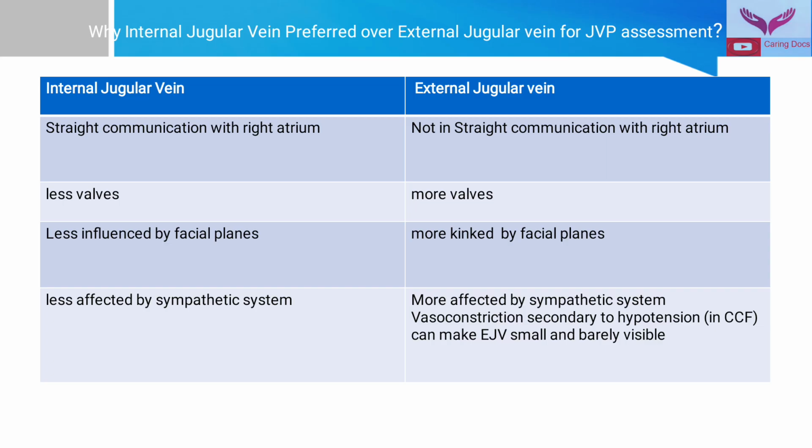The various fascial planes do not influence the internal jugular vein, but the external jugular vein gets kinked at various places by the fascial planes. The internal jugular vein is less affected by the sympathetic system, whereas the sympathetic system affects the external jugular vein. Vasoconstriction secondary to hypotension in congestive cardiac failure can make the external jugular vein small and barely visible.